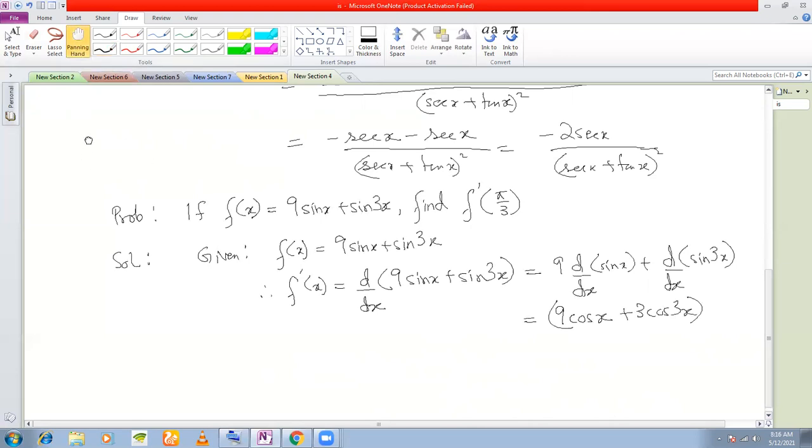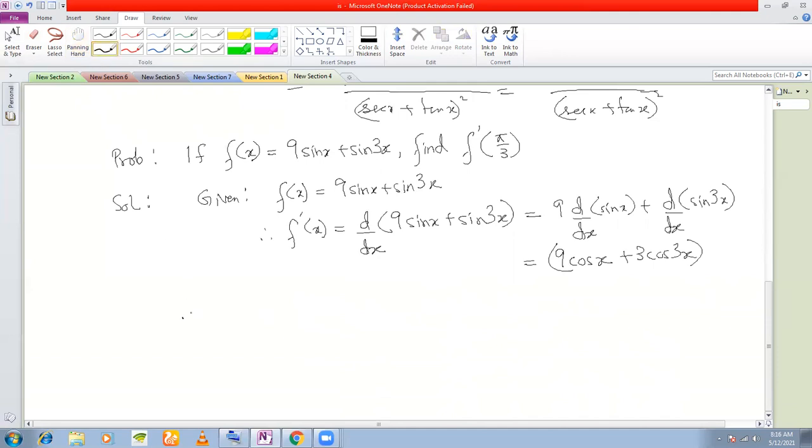So we have got f dash x, therefore f dash pi by 3. F dash pi by 3 will be what? Just put x is equal to pi by 3. In this, you have 9 cos pi by 3 plus 3 cos 3 times pi by 3.